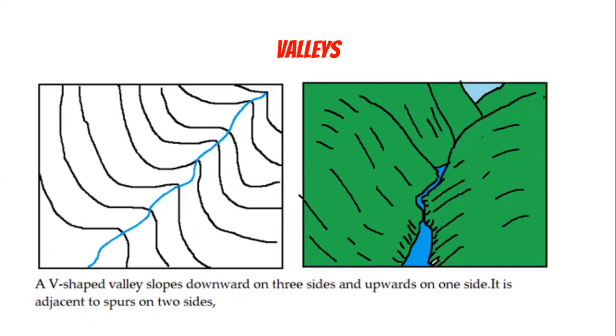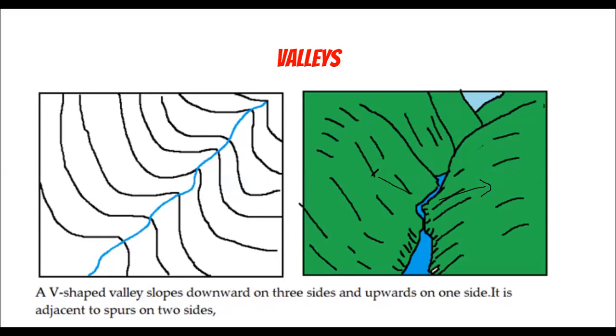So there are three areas where the land is rising, three directions, and one direction where the land is descending.